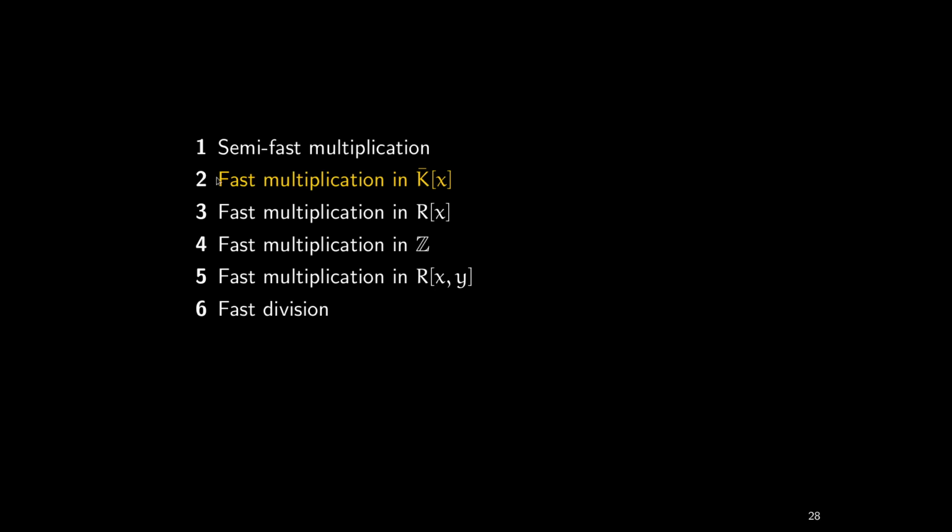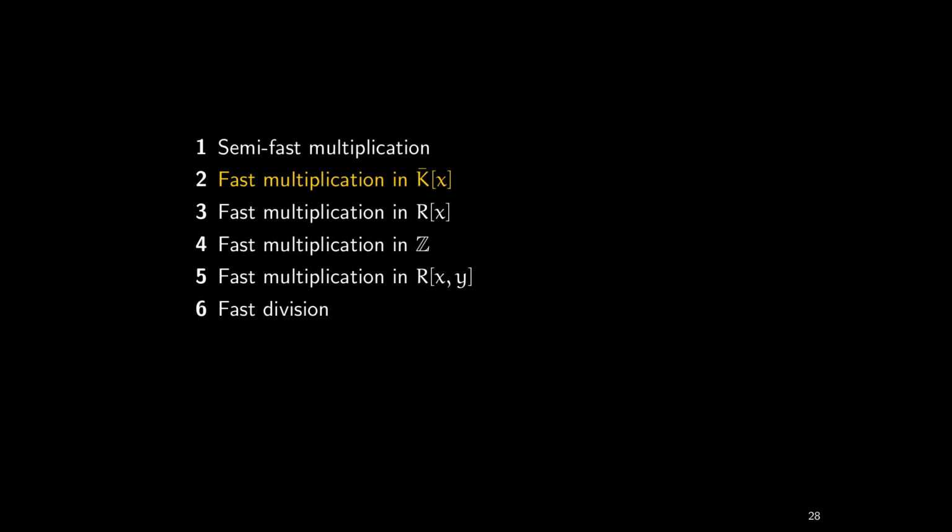So this is all I have to say about multiplication of polynomials when the ground field is algebraically closed. And next time we'll see how this technology can be generalized to the case of polynomials where the coefficients live in an arbitrary ring.